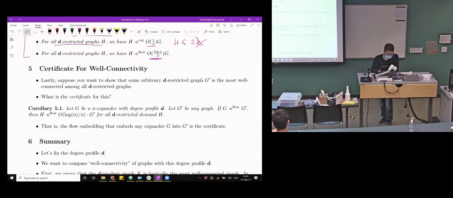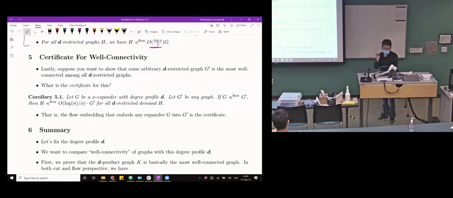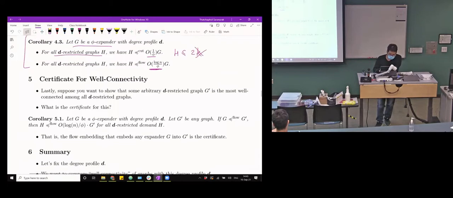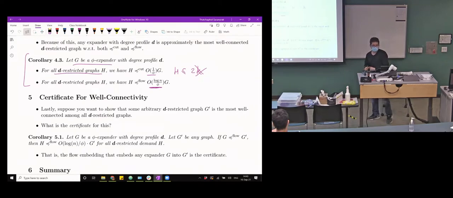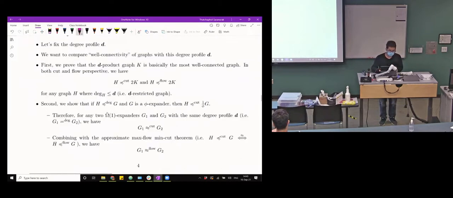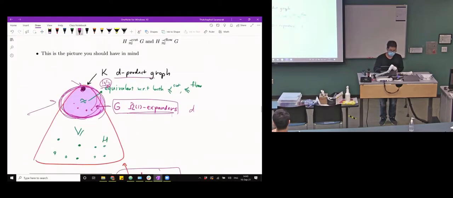And now, last thing. Suppose that you want to show that some graph G prime, which is D restricted, is in the good class, the well-connected class.